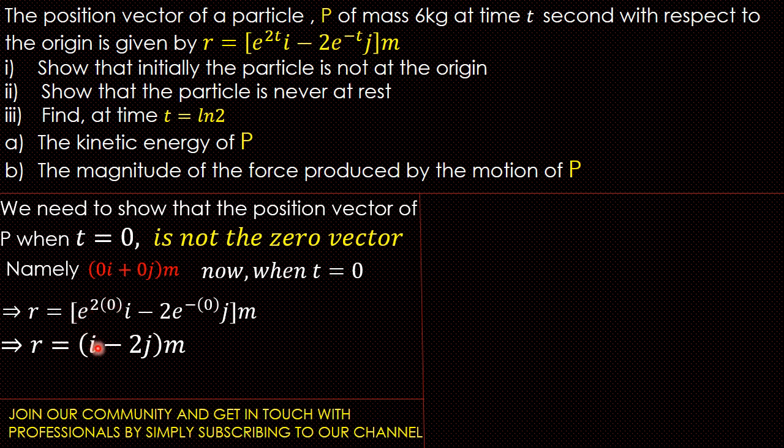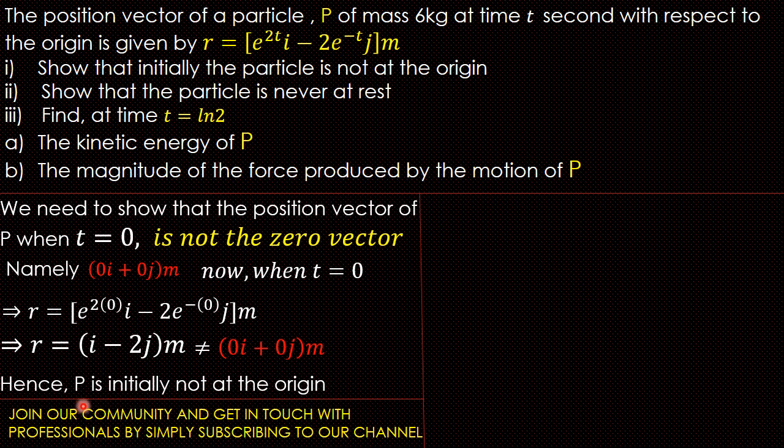So 1 times i gives us i. Likewise, negative 0 is 0, and e to the power 0 is 1, so we have negative 2 times j, which is negative 2j. Since this r is not the same as the zero vector 0i plus 0j, we can clearly conclude that P is initially not at the origin.